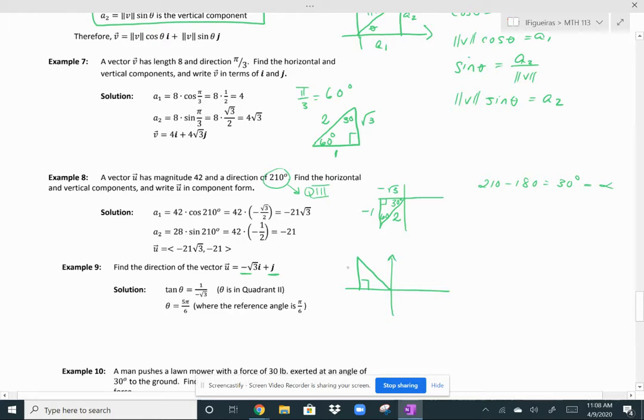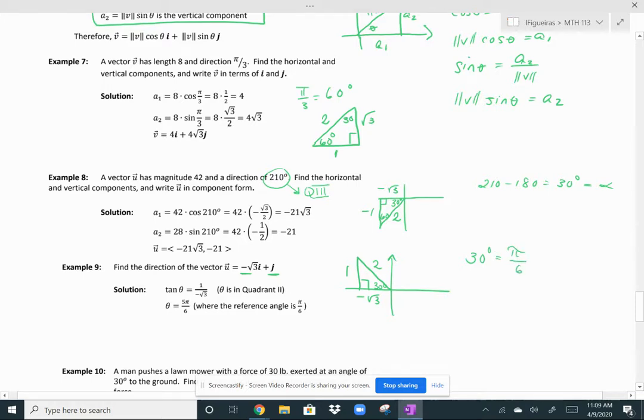Tangent is opposite over adjacent. So that's where the 1 and the negative root 3 comes from. And when you have that combination of numbers, your hypotenuse is 2. So that means that this is 30 degrees. But if I express that in radians, that is pi over 6.